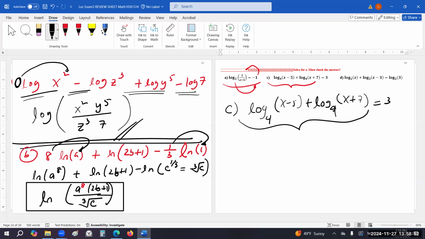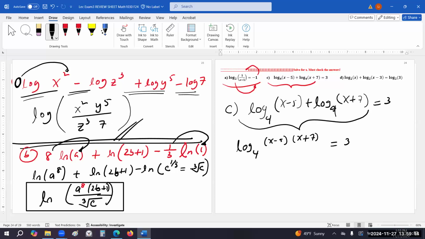Just like the left page, if you have more logs and we want to combine into a single log, what do we do with the argument here? Do we multiply or do we divide? So we have x minus 5 times x plus 7 equals 3. And now we have a single log.